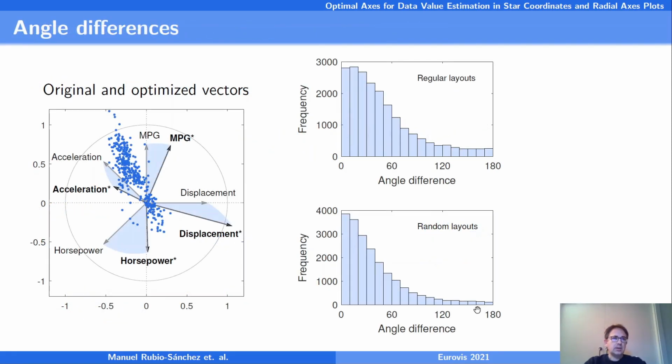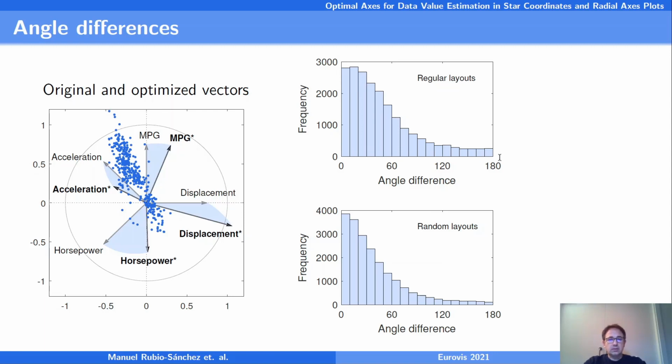It's interesting to analyze the angle differences between the original and optimized vectors. In general, these differences will be small, as we can see in the example, and also from these distributions that we've obtained through a couple of simulations that we've done. The angle differences are usually less than 60 degrees, but some can be larger.